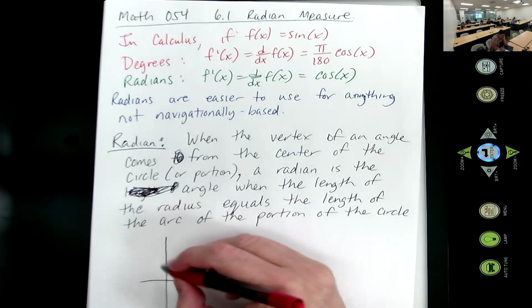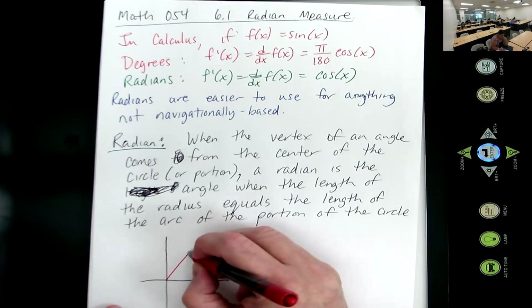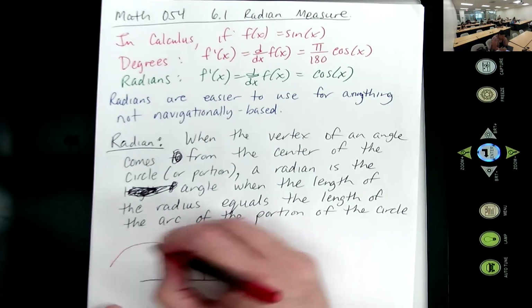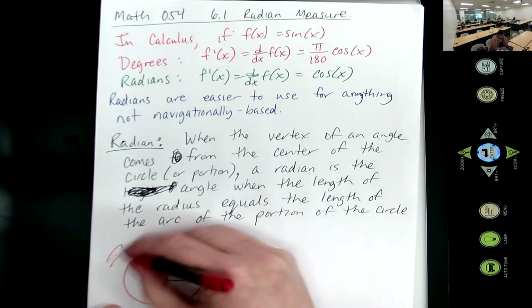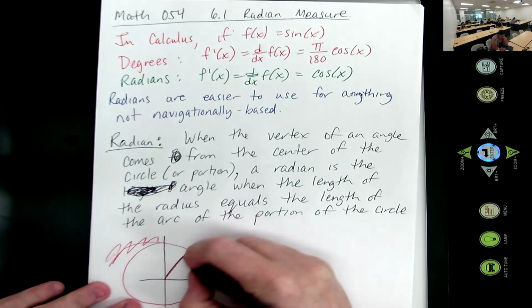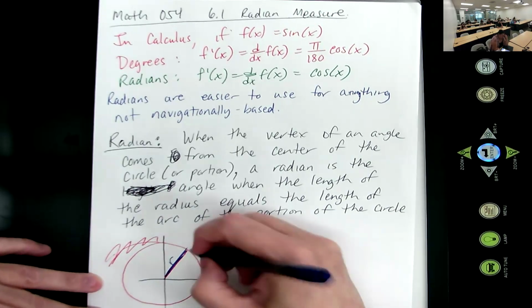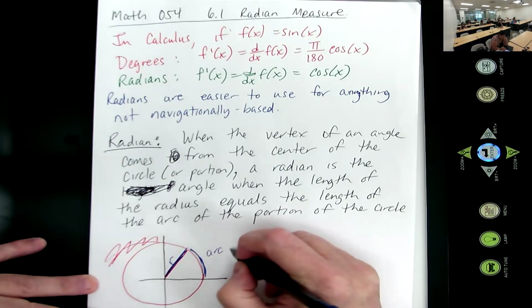So if I make the radius go out about that far, and I'm working on a circle going around, a radian is when this length, which would be the radius of our circle, equals this length, which is called the arc length.